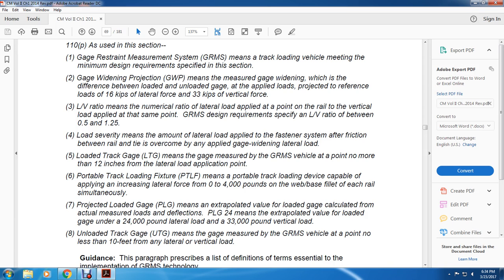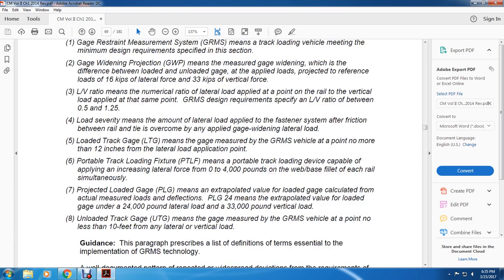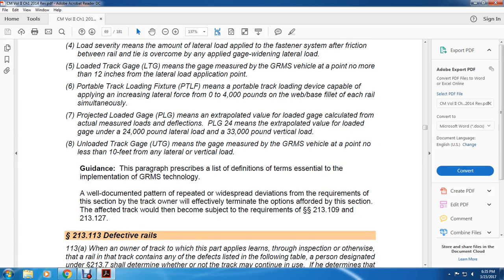Projected load gauge 24 means the extrapolated value of loaded gauge under 24,000 pound lateral load and 33,000 pounds vertical load. Unloaded track gauge means the gauge measured with the gauge resistant measurement system vehicle at a point no less than 10 feet from any lateral or vertical load.